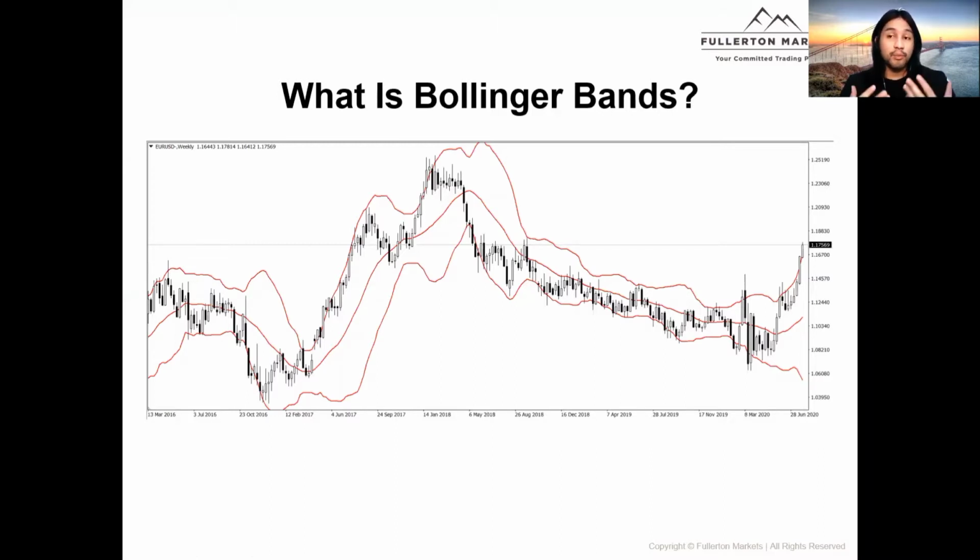And what he wanted them to know was overbought and oversold levels. Now, what do we mean by overbought or oversold? Just from the two words, it means too many.